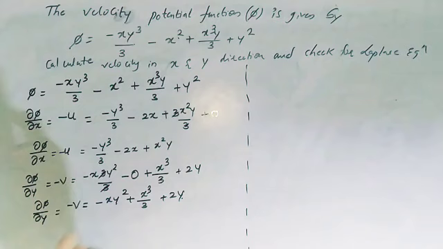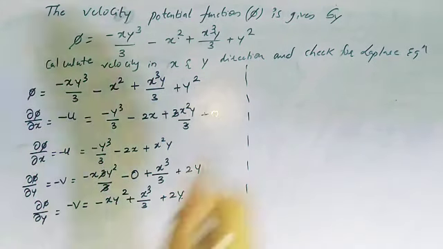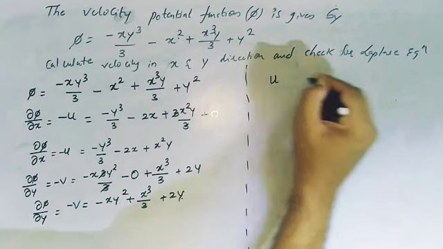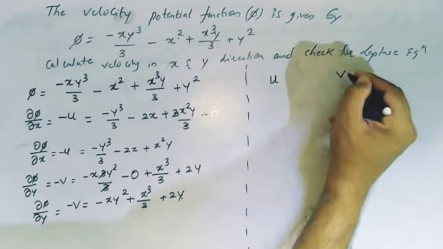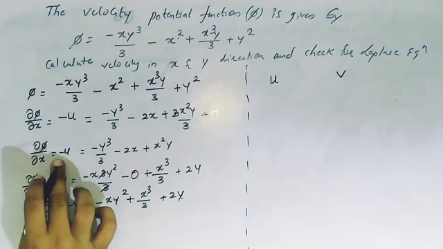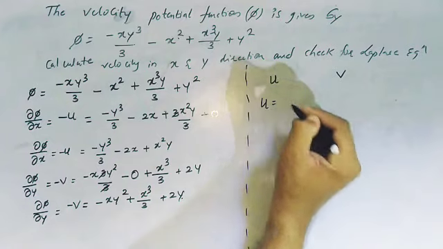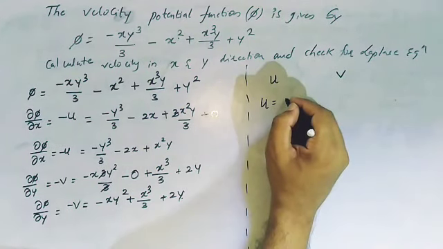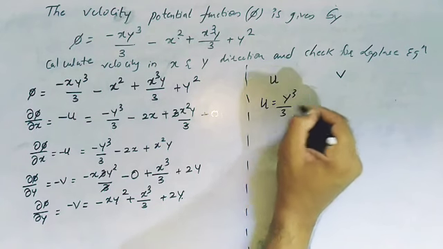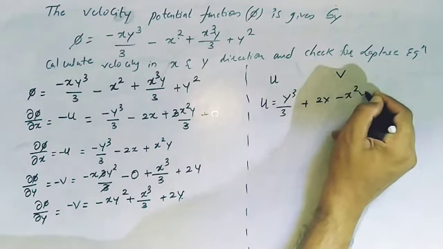Now this is not our answer for velocity. Velocity in x direction is u, velocity in y direction is v. Here it is minus u, so if I multiply by minus 1 on both sides, you will get the u equation. So u will be equal to, minus into minus, y cube by 3 plus 2x minus x square y.